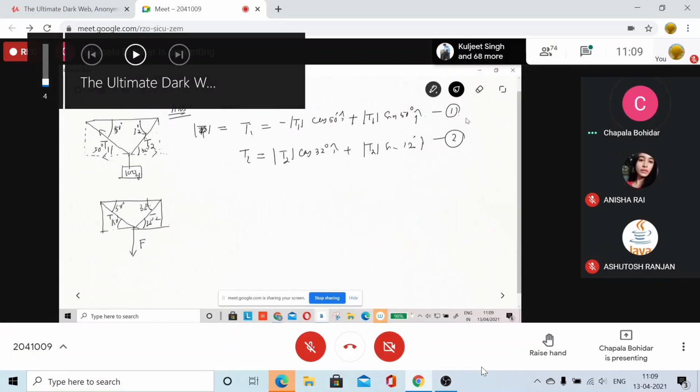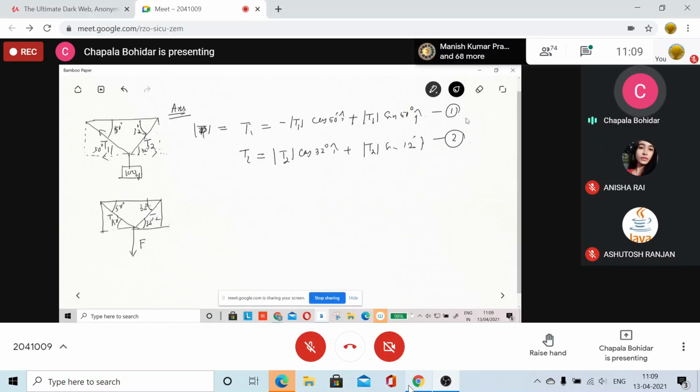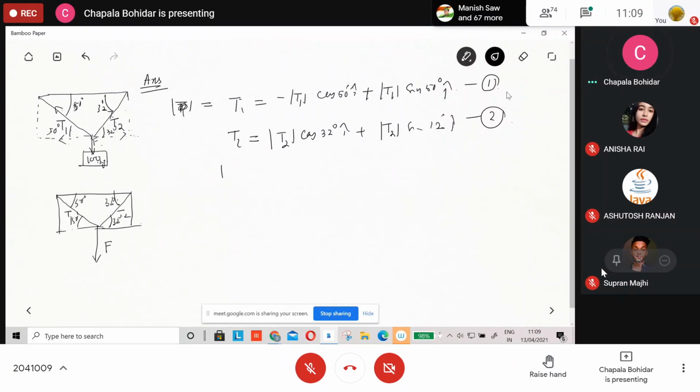Okay. The force of gravity acting on the load. F is equal to, the gravity is 9.8, consider.